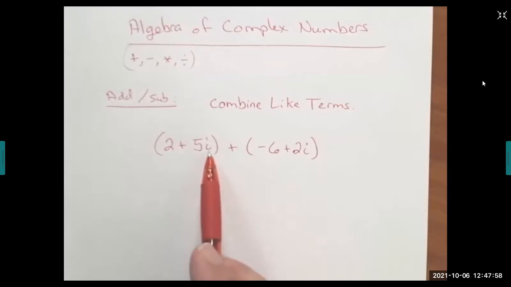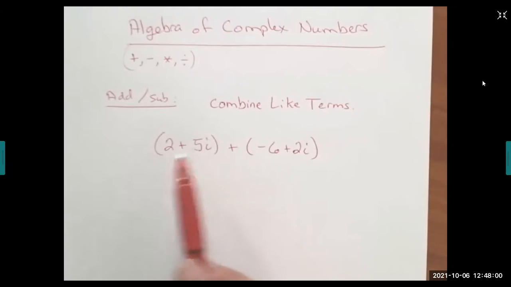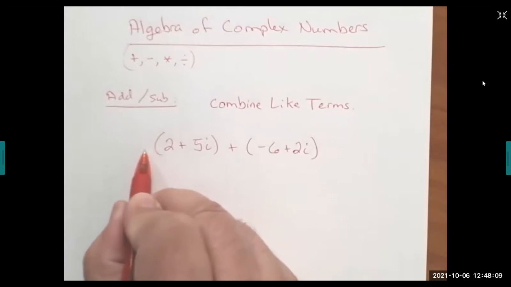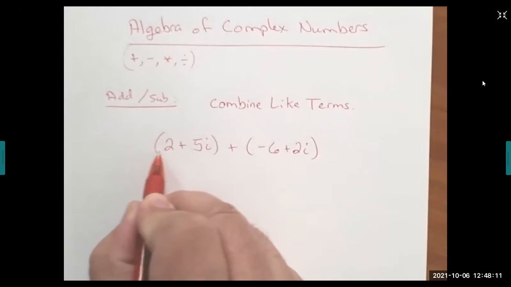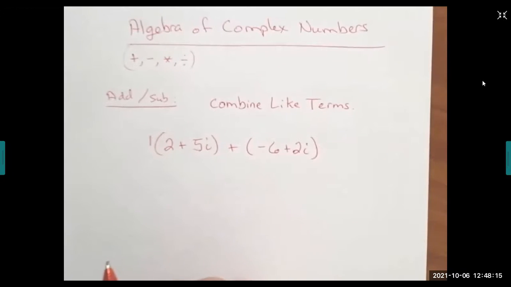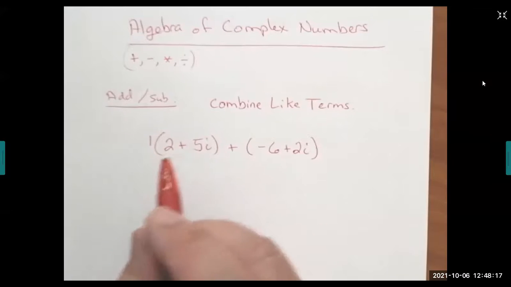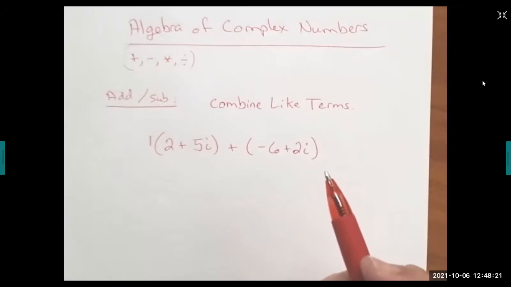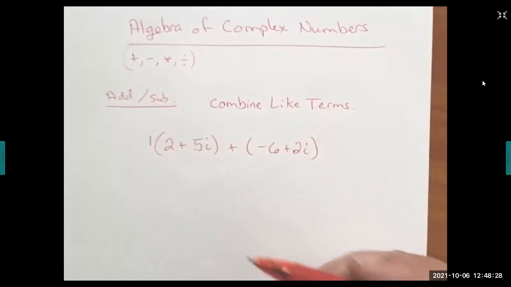No. This one has an i, this one doesn't have an i, so we cannot combine them. So if we can't do inside the parentheses, we have to get rid of the parentheses. What number is in front of the parenthesis here? A 1. I used to say if there's nothing there, just drop the parentheses. But that gets dangerous when we talk about subtraction also. You can't just drop parentheses around subtraction.